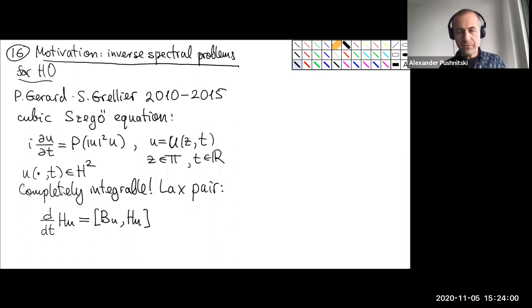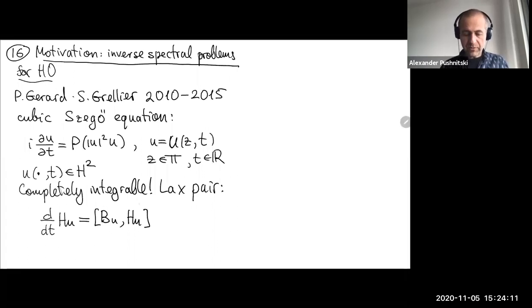It's made up of Toeplitz and Hankel operators. The important point is that all spectral properties of H_u, okay, singular values of H_u, are integrals of motion for this equation.